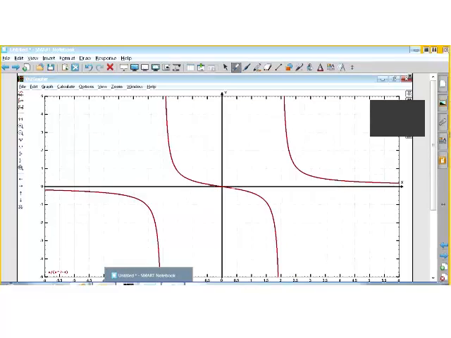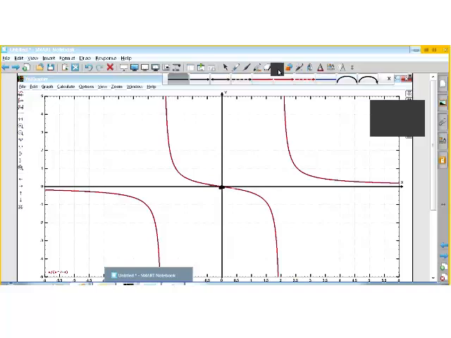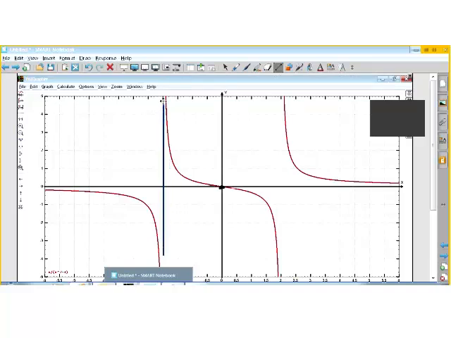So it said there were no extrema, which there are not. There are no local minimums or maximums. The x and y-intercepts are 0. You see you have vertical asymptotes at plus or minus 3 (sic).